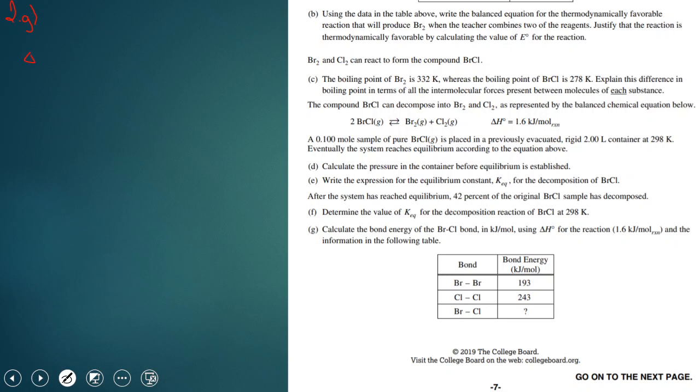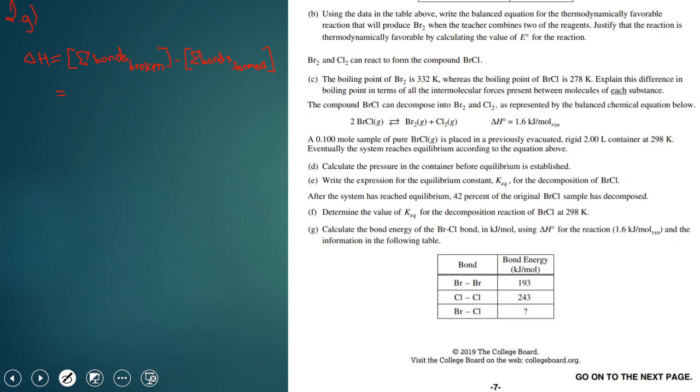Alright, so keep in mind one of the definitions of our delta H is equal to the sum of bonds broken, keep in mind these are energies, minus the sum of bonds formed. And so we also have to consider the amount of bonds.